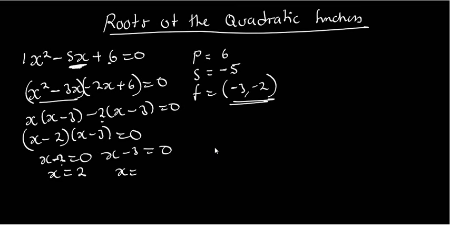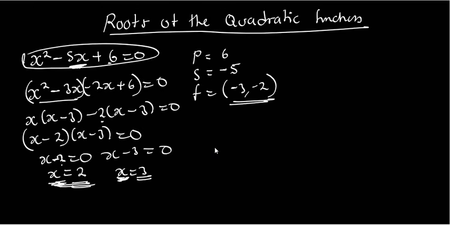Then this side again is what? x equal to 3. So here, if I may ask, what is the name of these values? The name of these values is what we call the roots of the given quadratic function. So what are the roots? It's x equal to 2 and x equal to 3.